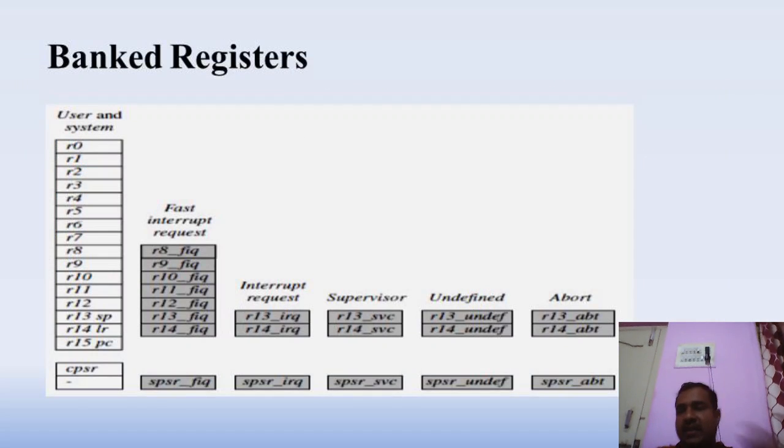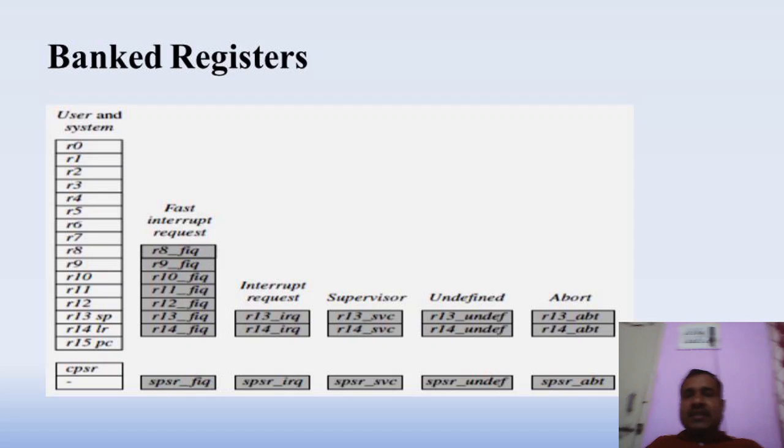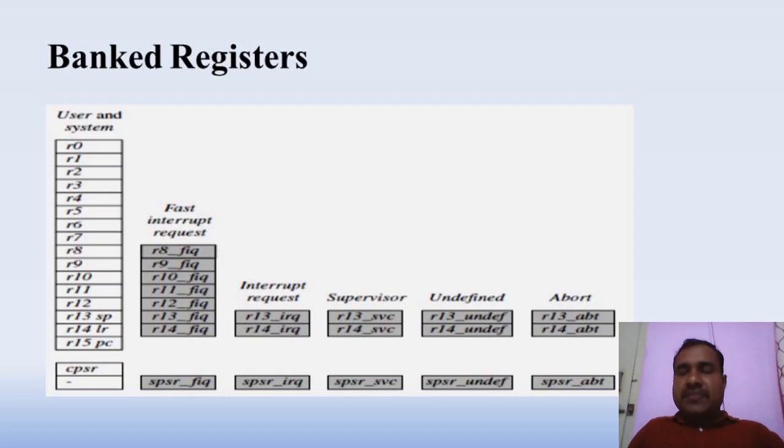Next, let's discuss one of the important concepts in the ARM, that is banked registers. I told you there are 37 registers in the ARM, but not all 37 registers are visible to the program all at once.